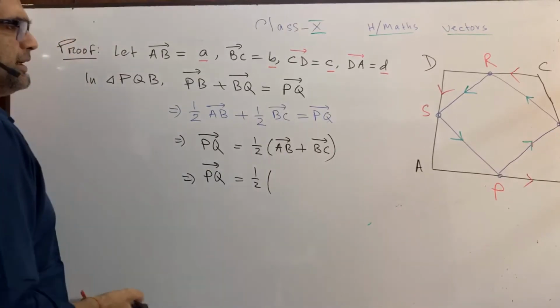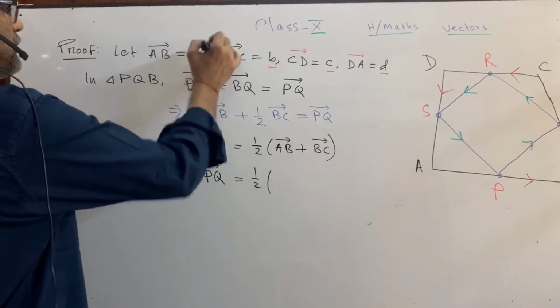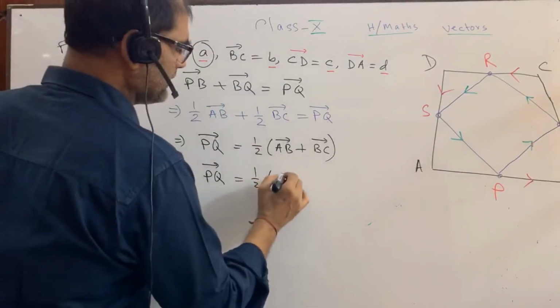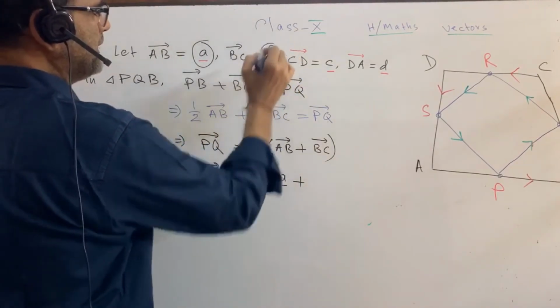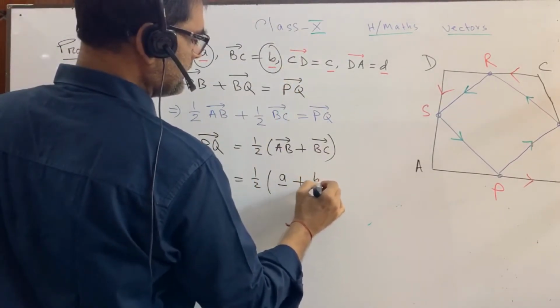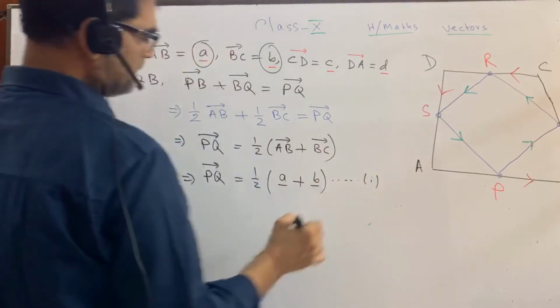AB equals a, as given. What is BC? BC equals b. We can write here b. Mark it as equation 1.